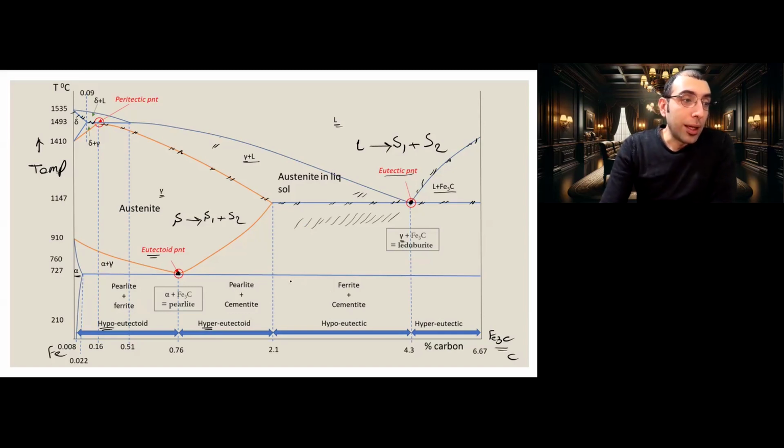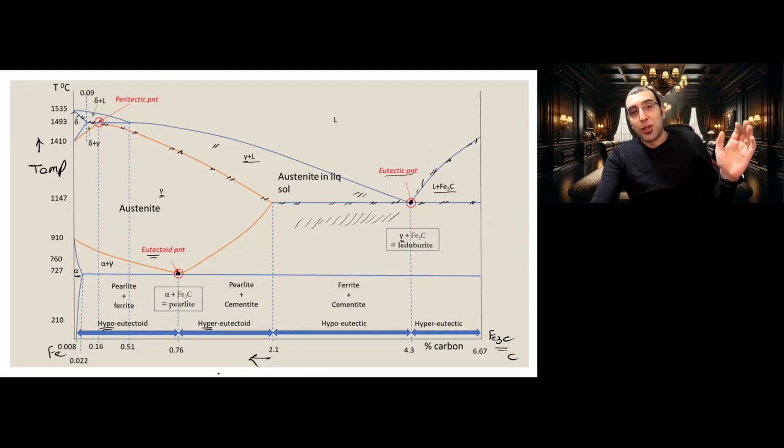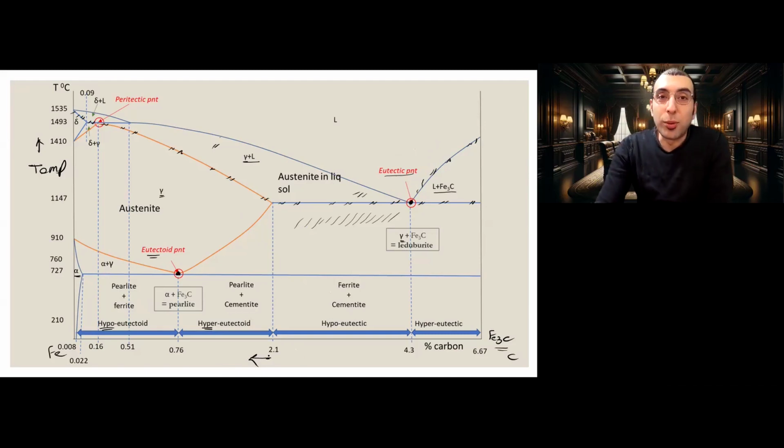One other thing that we need to define is the limit of what we call steel. So in this diagram, all the alloys that have a composition less than 2.1%, so all the alloys from 0.001 to 2.1% of carbon, we call steel.